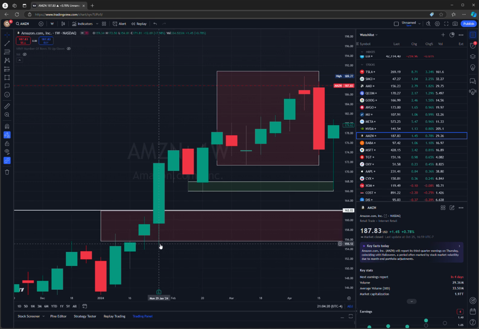This is the origin of this impulsive move. Yeah, it'd be open to low. Yeah, so for bullish candles it'd be open to low. For bearish, open to high. Yeah, exactly. Yes, sir.